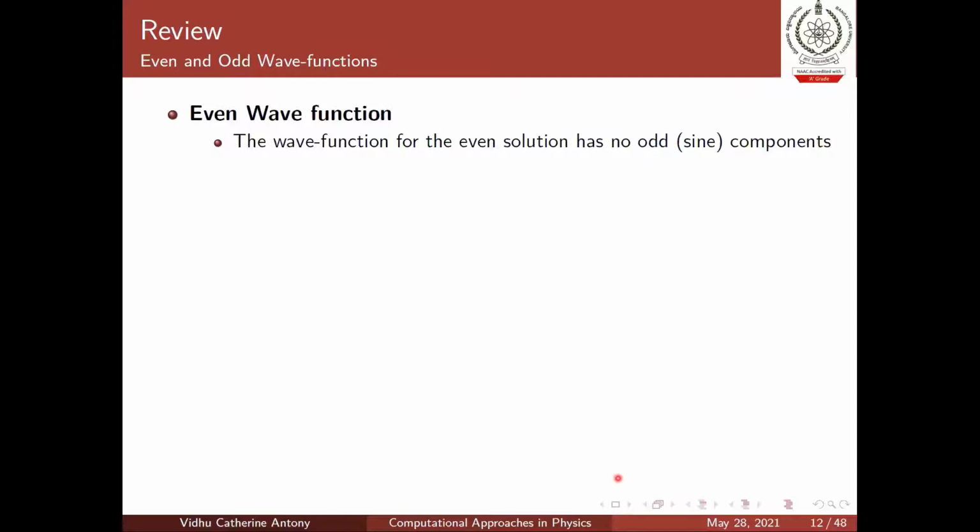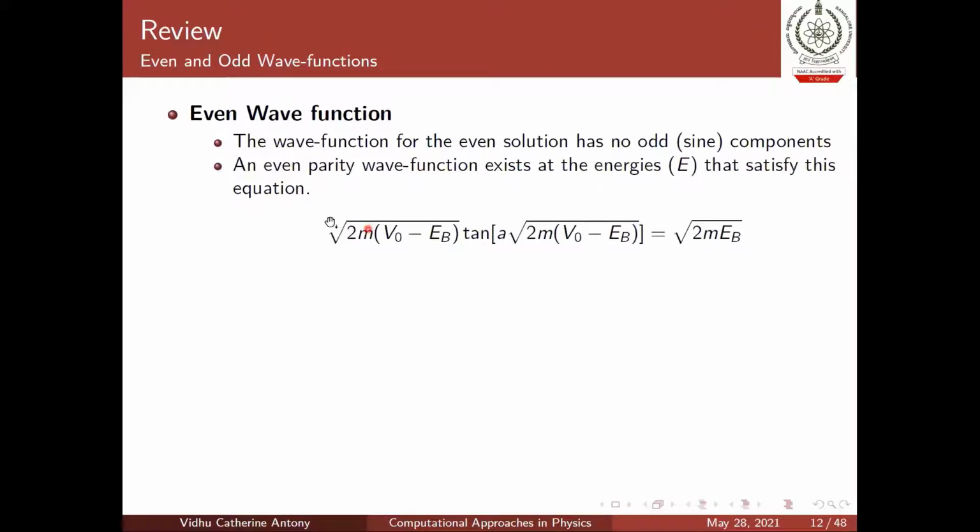I will repeat this point again. I know it's a little bit confusing when I say it without a diagram. The even solution, which has no odd or sine components, an even parity wave function that exists, E satisfies this particular equation. Note, this is not the wave function. Please don't get confused with that.